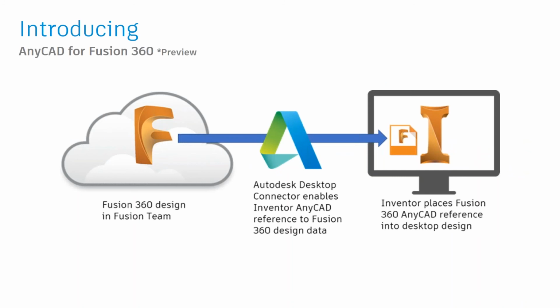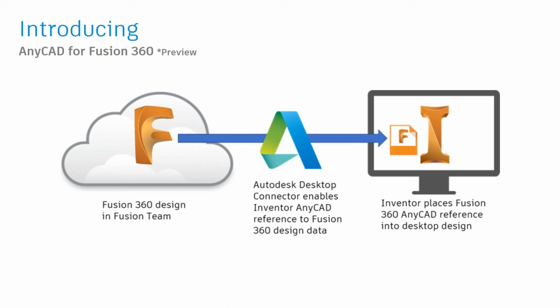Again, disclaimer: big font, funny accent. This is a preview of where we're going. Right now we can use Fusion to Inventor, but as a preview. If you try it, you're going to get a little message that says this is a preview. Make sure you use this just to get a kick out of it. It is very stable. It is very capable. But just so you know, this is a preview.